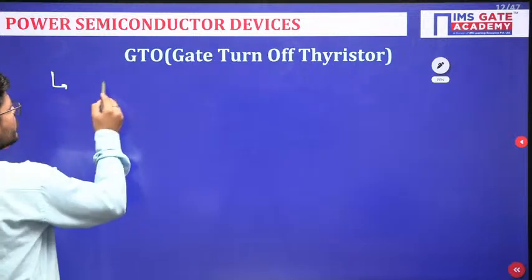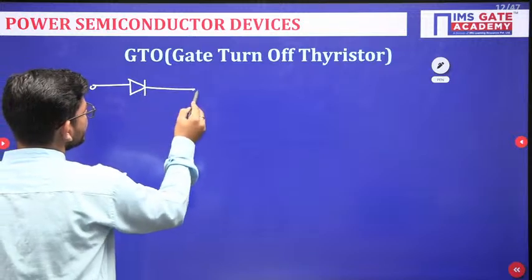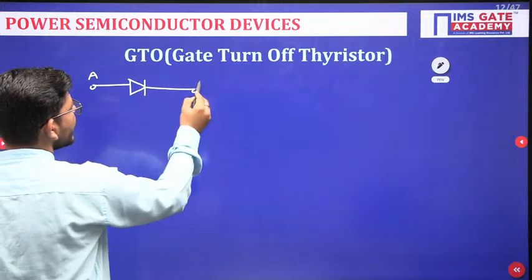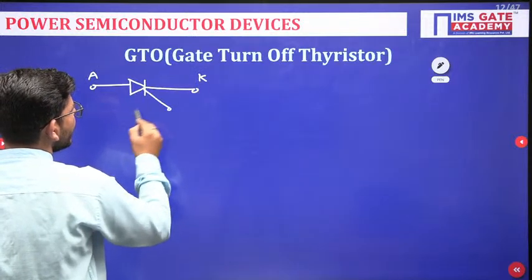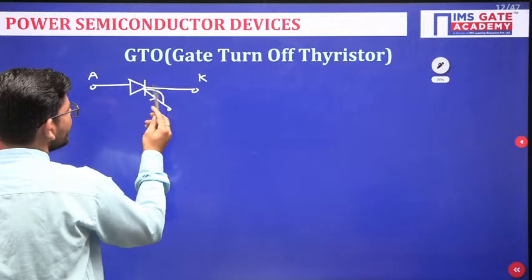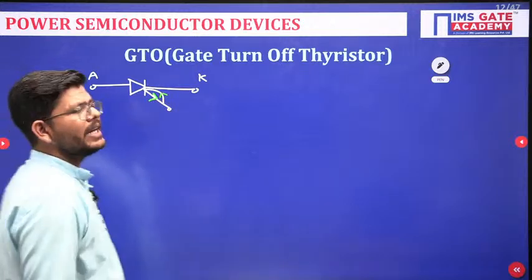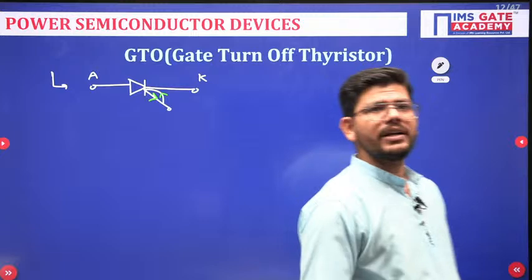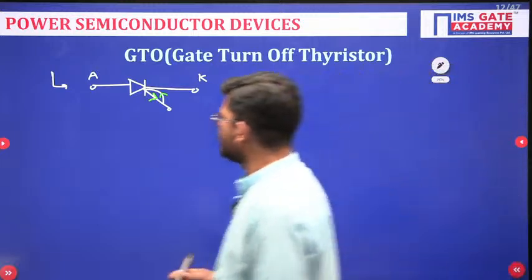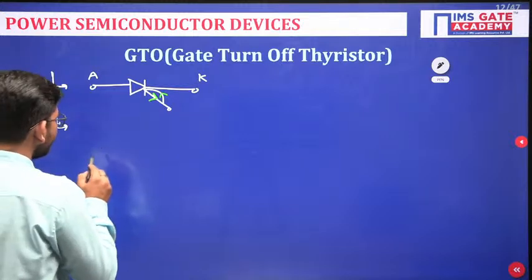Now when it comes to GTO, it has a circuit symbol like this, similar to SCR: anode, cathode, and gate terminal, but the gate has a bidirectional application. By applying a positive gate signal, you can turn the device on, and by applying a negative gate current, you can turn the device off. Since it has three terminals, what is the status of the device?